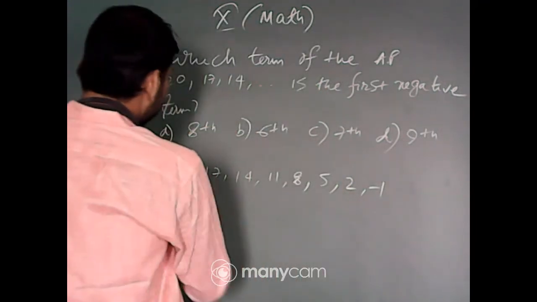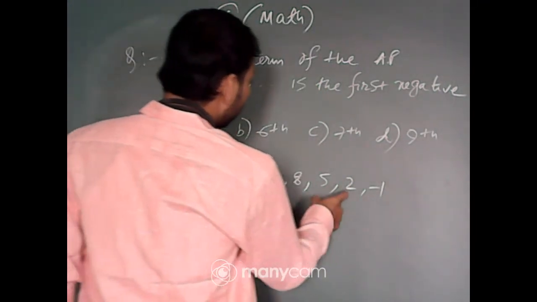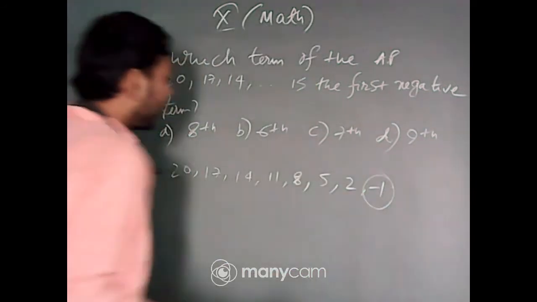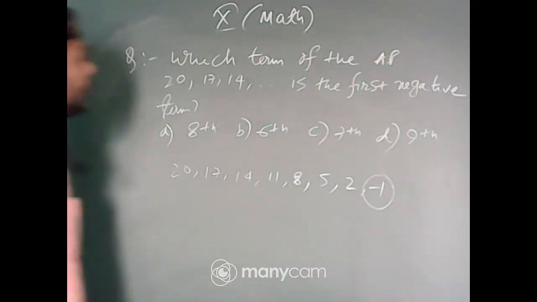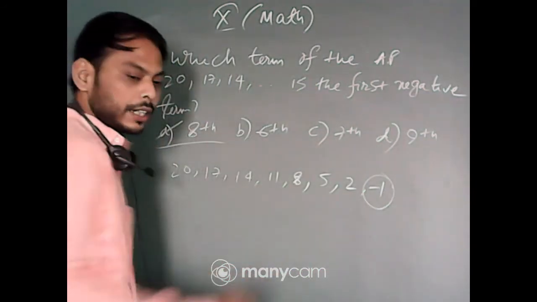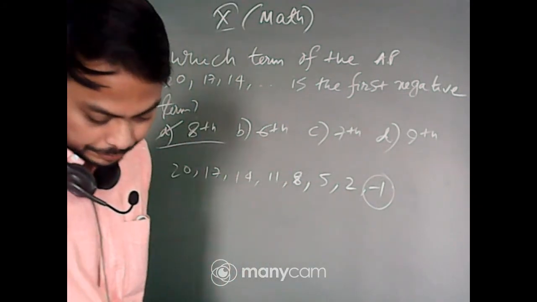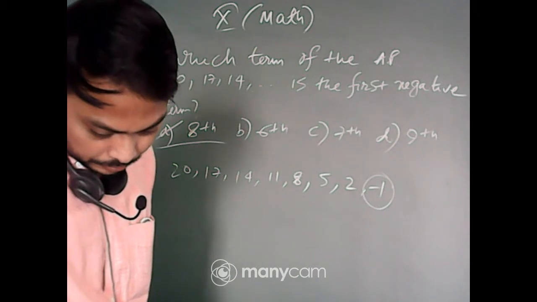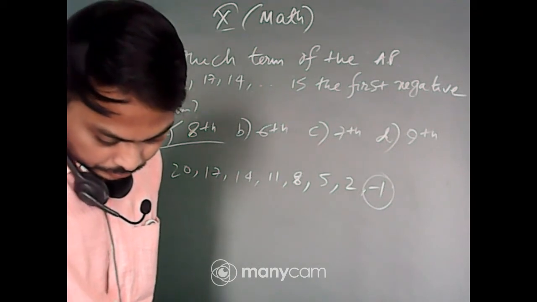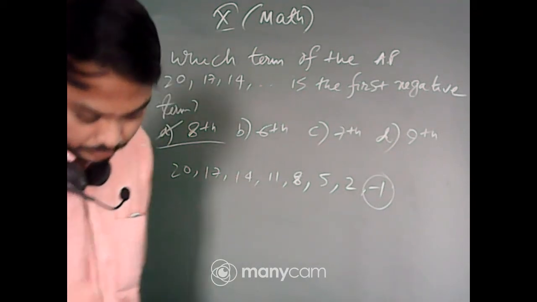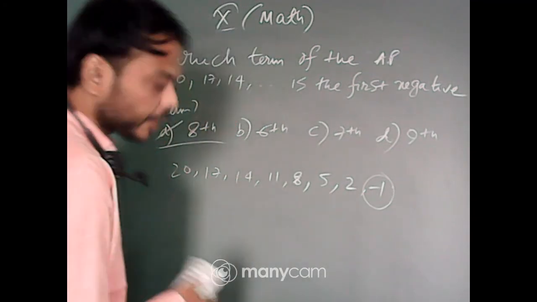So first, second, third, fourth, fifth, sixth, seventh, 8th term is minus 1 and it is the first negative term. Yes, option A is the correct answer. Very good, all of you. Okay, move on to the next one.